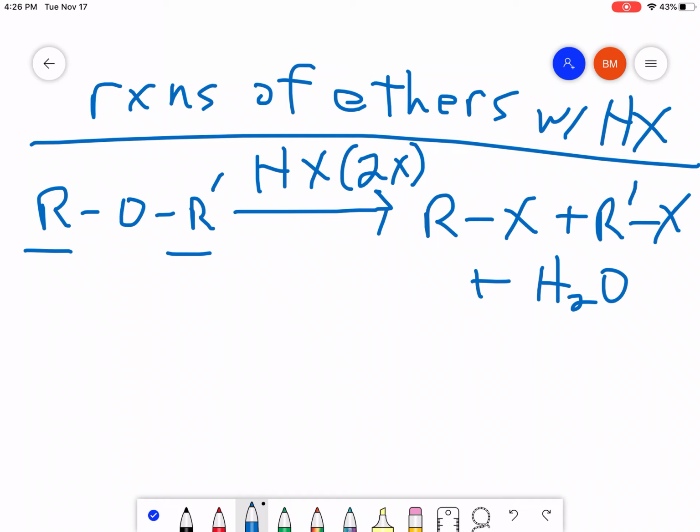Okay? So you see, basically what we do is we use HX and it sort of cuts apart this ether. It cleaves it, all right? And it does this in a couple of different mechanisms depending on what type of ether you have. So let's take a look at a couple of patterns here.